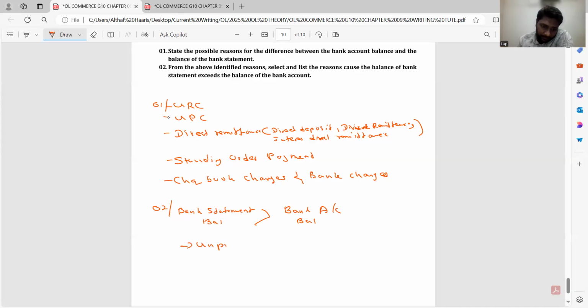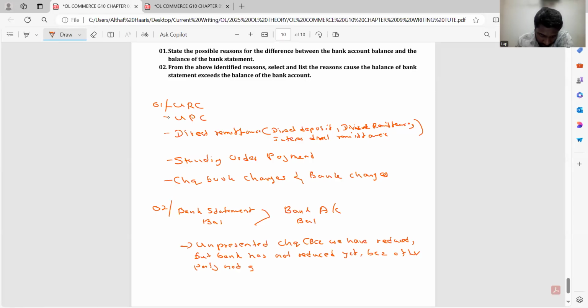Unpresented checks. Because we have reduced, but the bank has not reduced yet because the other party has not gone to the bank yet to get the money.